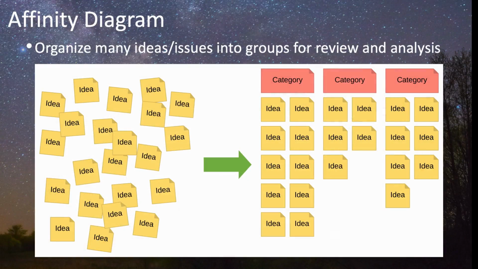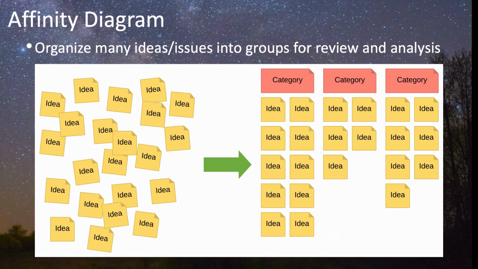An affinity diagram sounds a lot more complex than it really is. In this context, the word affinity is used to mean similar or related. Lots of different ideas are used as input for an affinity diagram. These are then organized into categories. Usually the categories aren't defined ahead of time, though they could be.